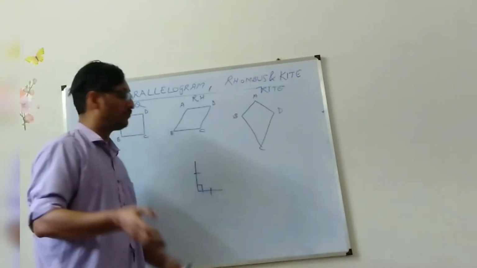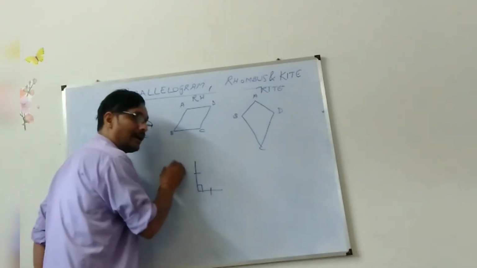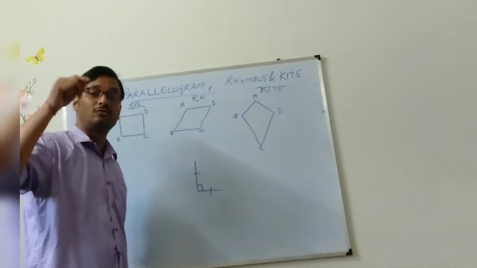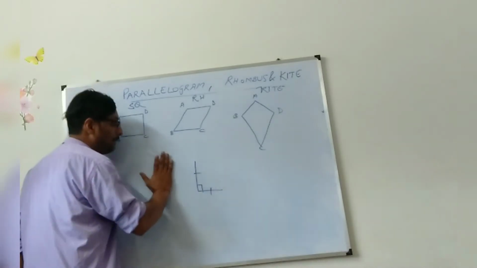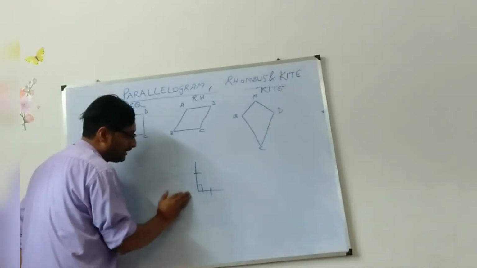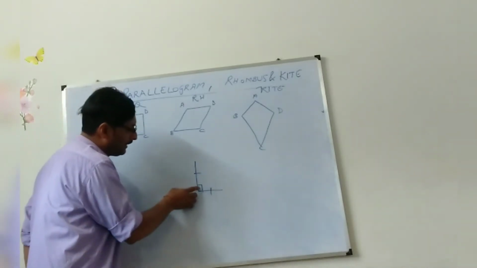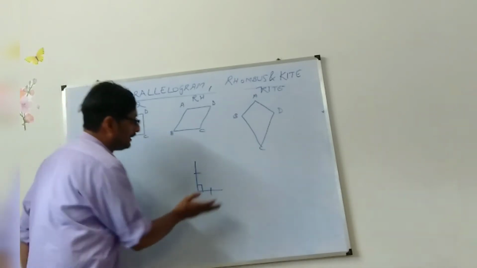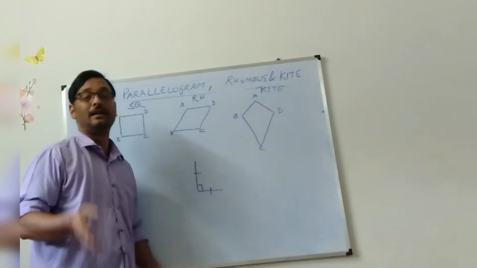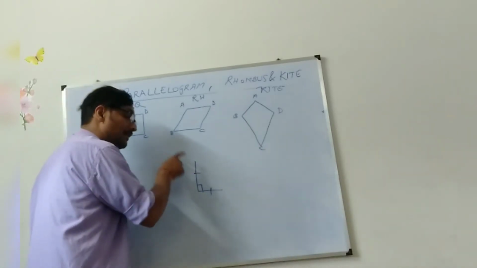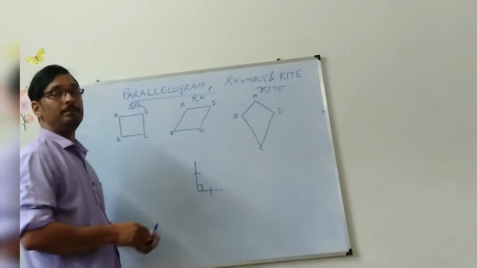Vertical height, whatever you say. If this is base, another has to be 90 degree, another has to be vertical height, another has to be perpendicular. If I am taking this as base, and over here there is 90 degree, then this one has to be vertical height, perpendicular, or 90 degree, whatever you say. So the same logic I am applying here.